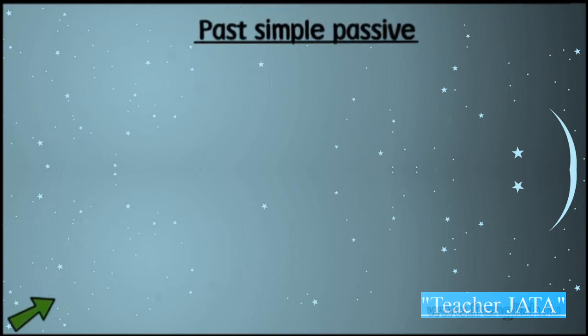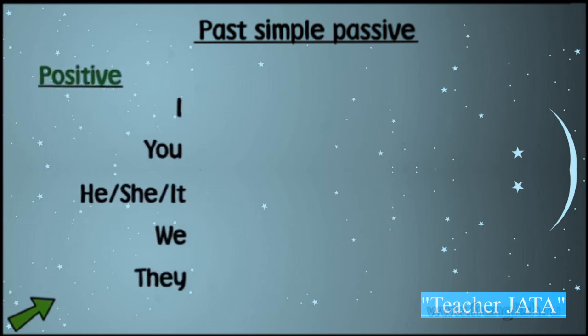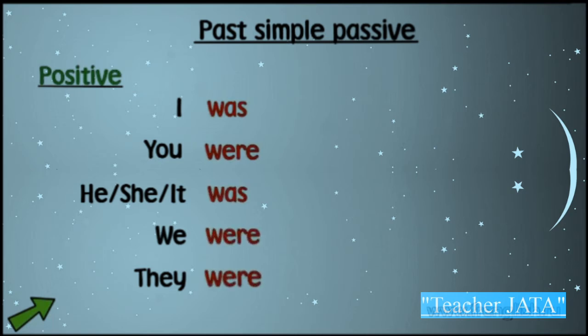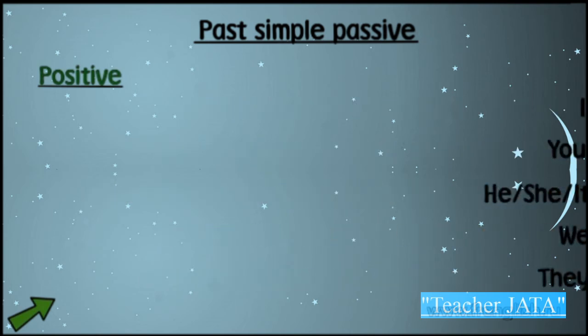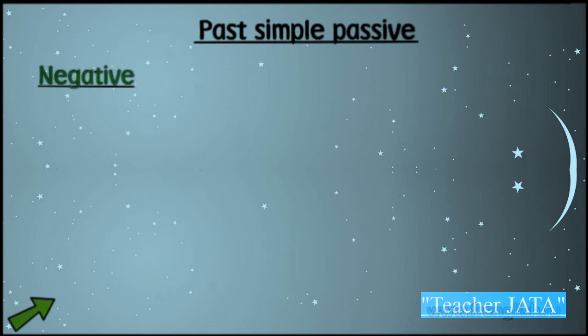We form the past passive like this. We form the negative in past passive sentences like this.